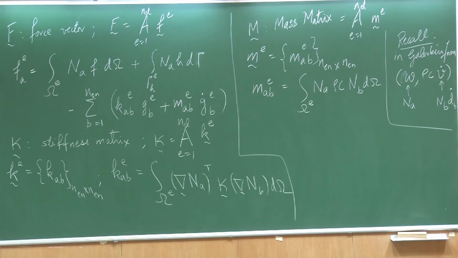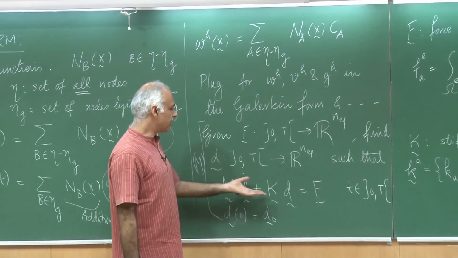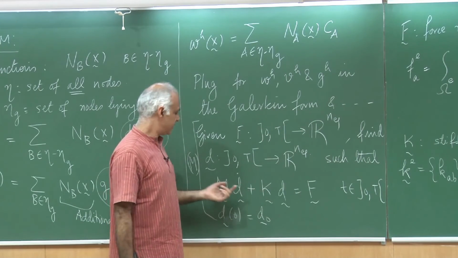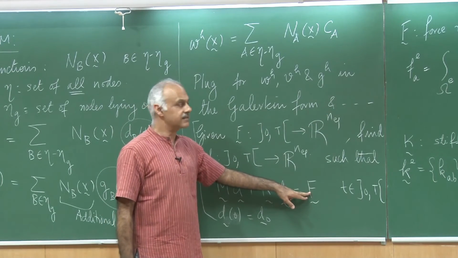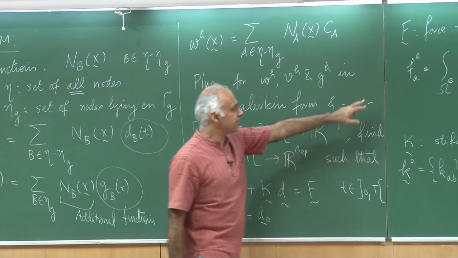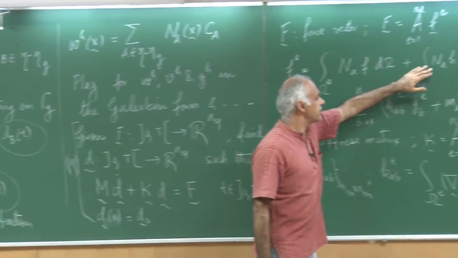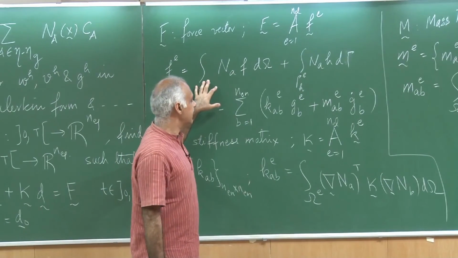This is your matrix form M d dot plus K d equal to F. So, it involves these two matrices, the mass matrix and the stiffness matrix. F is the force vector. The force vector is described over here, and this part, the first line, is exactly what you would see in the steady state heat conduction.